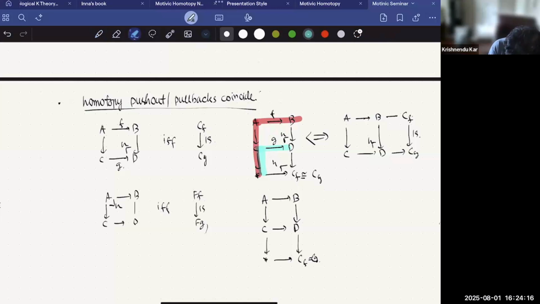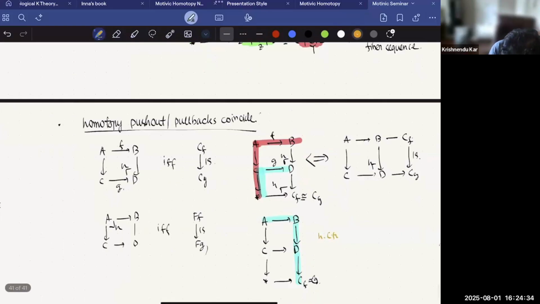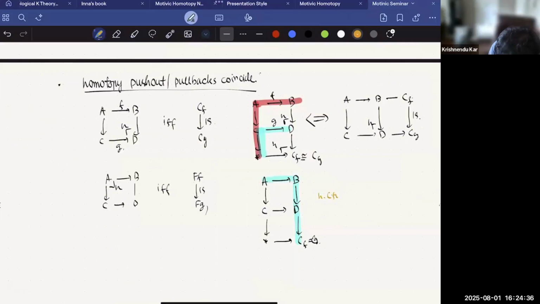So this ABCF, ignoring the D, is a homotopy cofiber sequence. That means that this ABCF is also a homotopy fiber sequence.